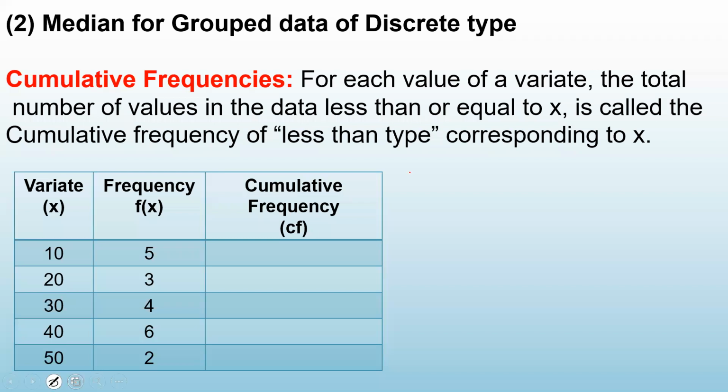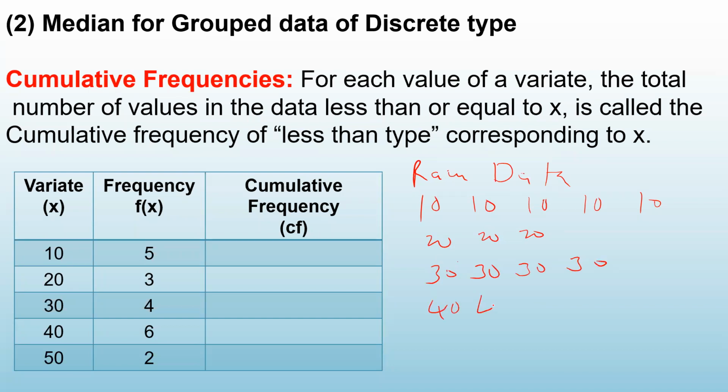You see that 10 is repeated 5 times: 10, 10, 10, 10, 10. 20 is written 3 times. 30 is written 4 times. 40 is written 6 times. And 50 is written 2 times.